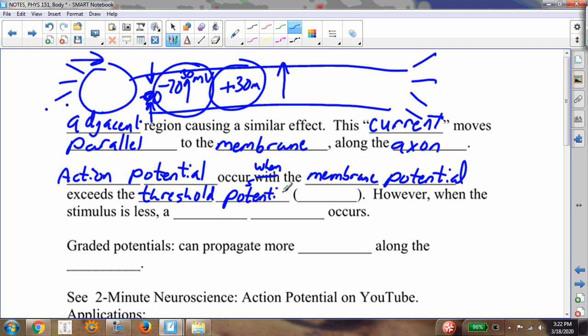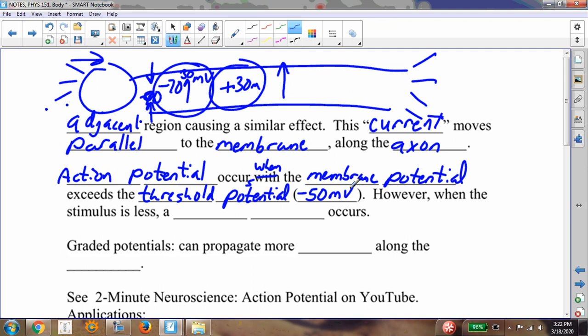And this was on that graph in the previous page. You can see the threshold potential is about minus 50 millivolts. So when my membrane potential exceeds the minus 50, that's when this action potential kicks in, and the cell membrane allows this large influx of ions, and it causes the action potential to occur. And that action potential will propagate very, very quickly.